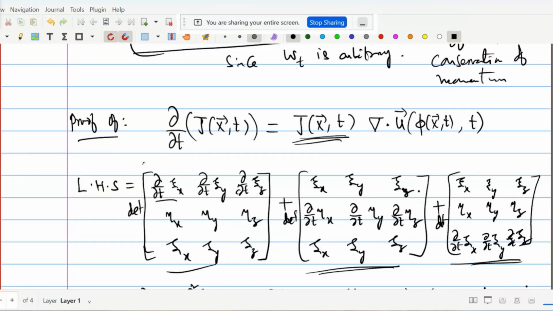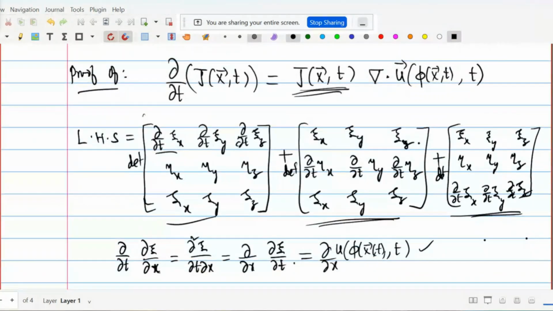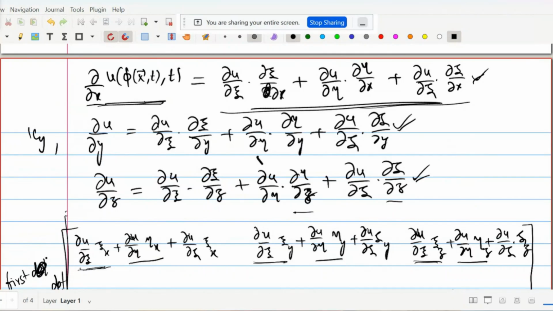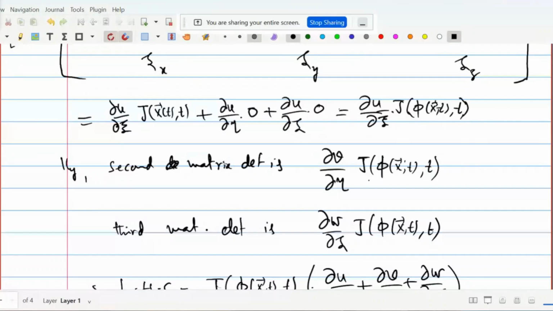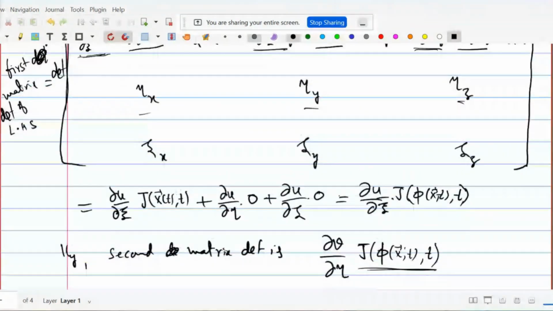So when you write x of t, J of x of t, we wrote that, that is understood. J of x of t is nothing but J of phi of this one. J is fixed.